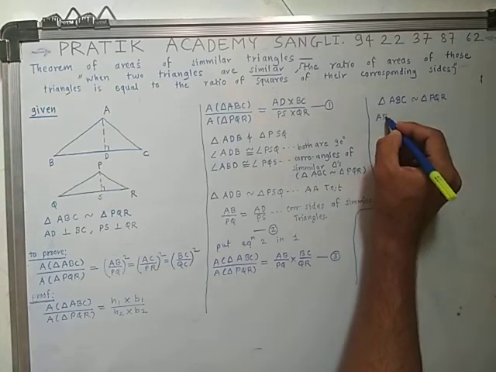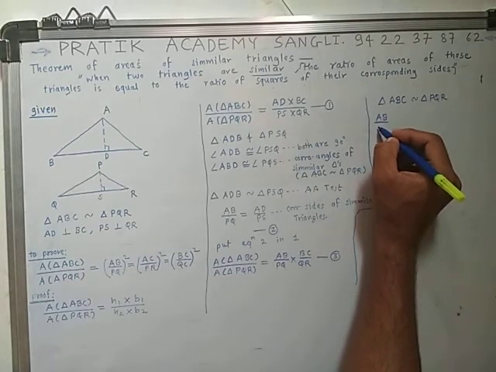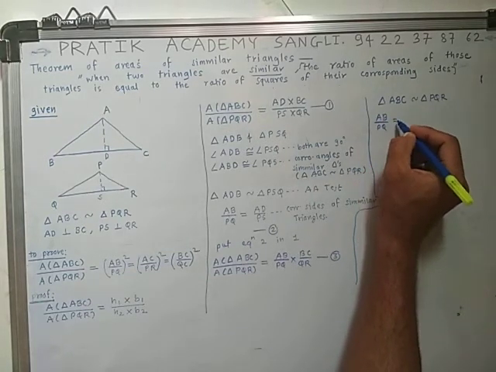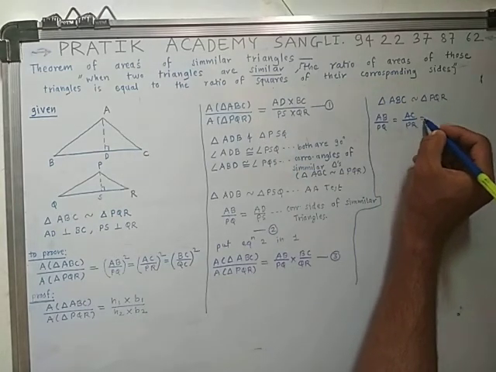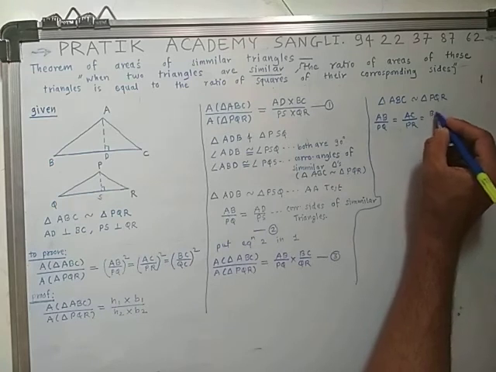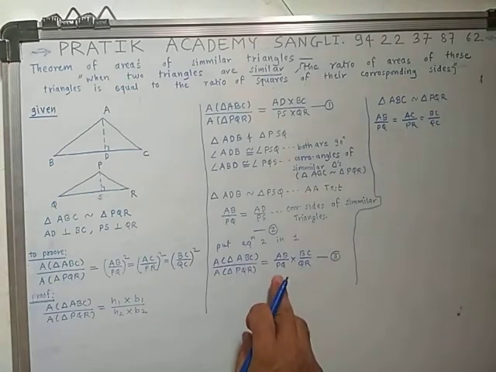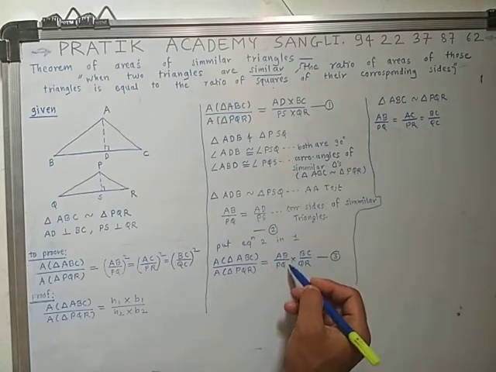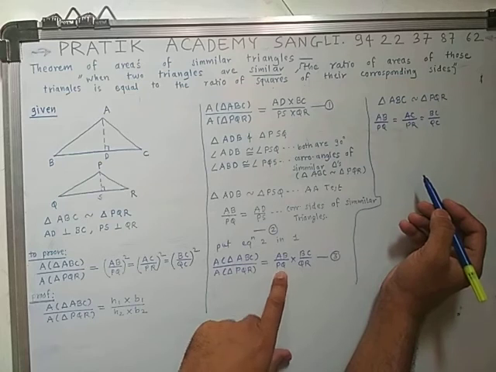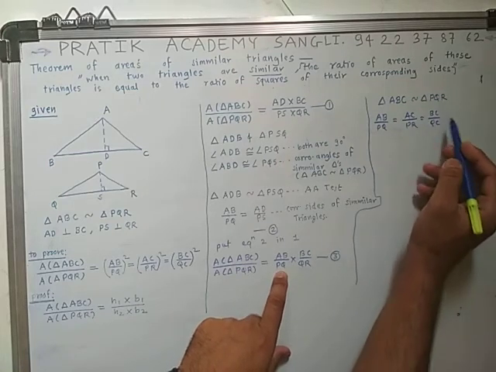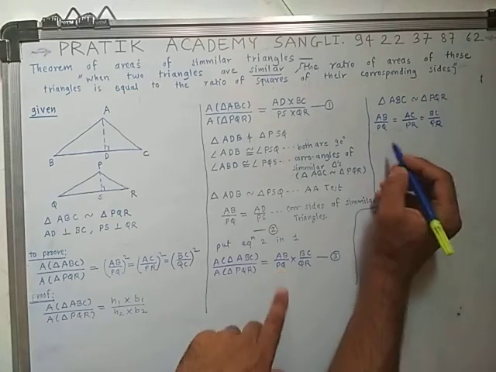Therefore the ratio of corresponding sides, that is AB upon PQ, is equal to AC upon PR is equal to BC upon QR. Therefore here we can replace the ratio AB upon PQ by BC upon QR.